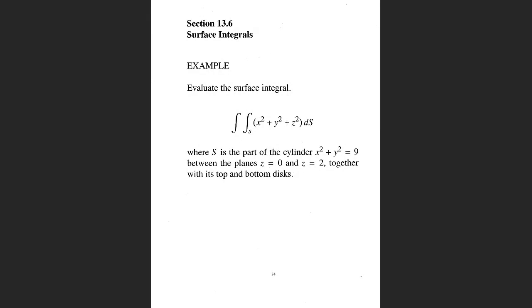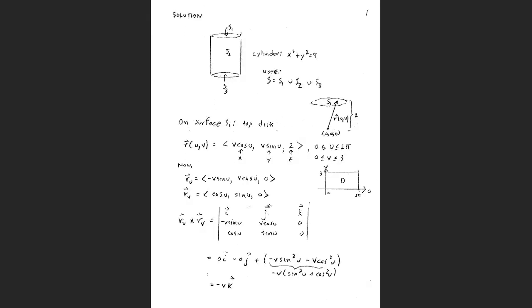Okay, so we move to the first page. And what I've done is I've drawn our surface here, which consists of S1 union S2 union S3, those three surfaces.